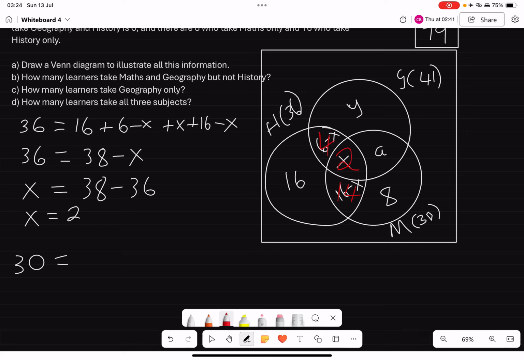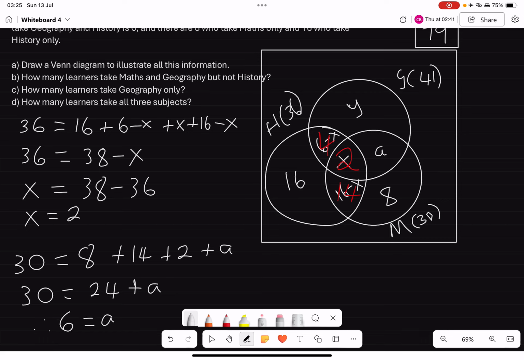So 30 will be the sum of everything in this circle, which is 8 plus 14 plus 2 plus A. So 30 equals 24, because 8 plus 14 is 22, plus 2 is 24. Therefore, we can see that A equals 6.